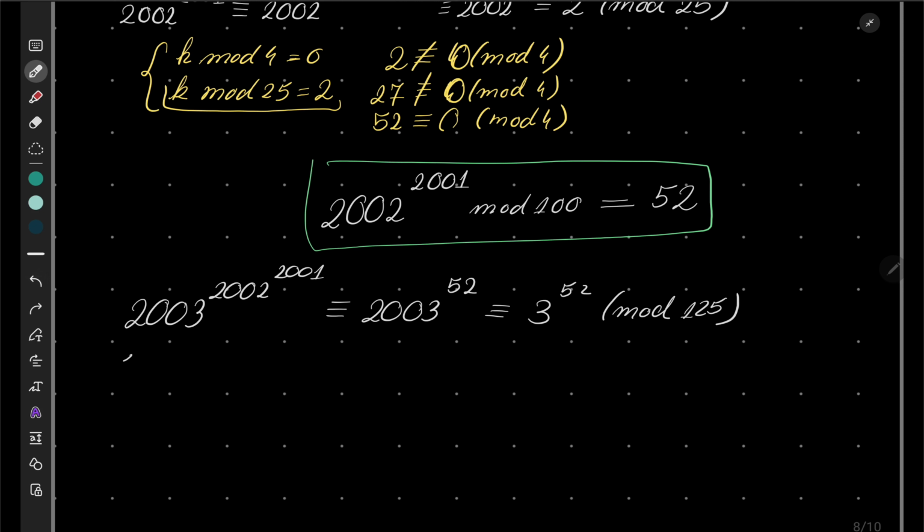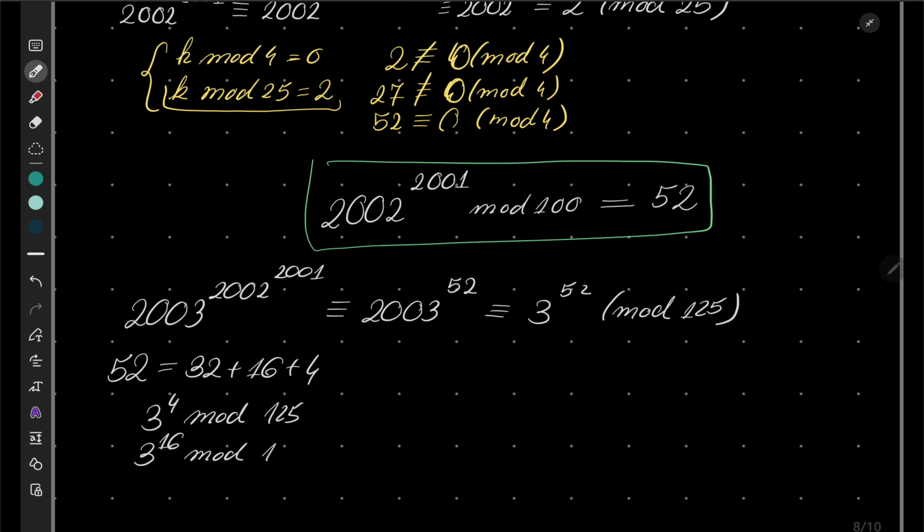And also notice that 52 in binary system is 32 plus 16 plus 4. So it suffices to find 3 to the 4th power modulo 125, 3 to the power of 16 modulo 125, and 3 to the power of 32 modulo 125.